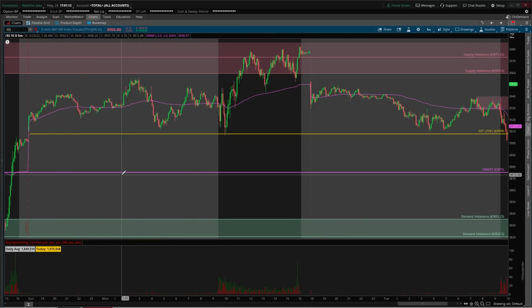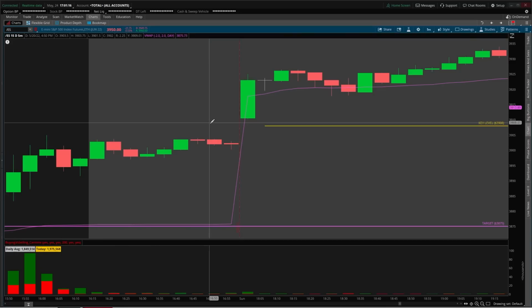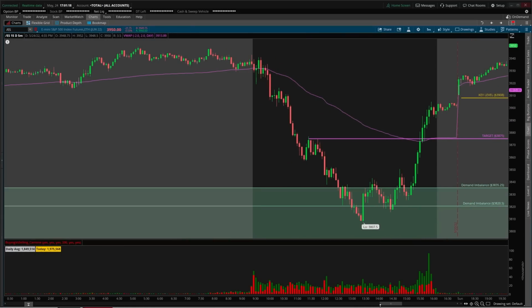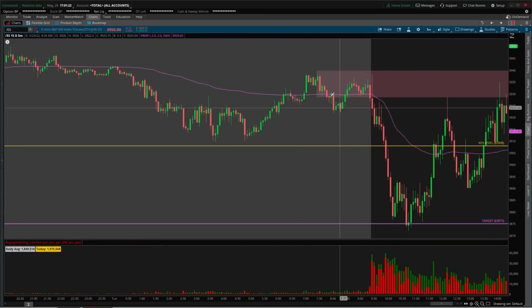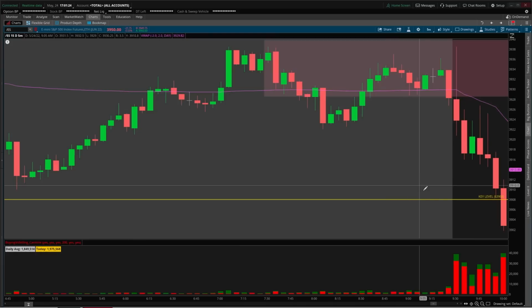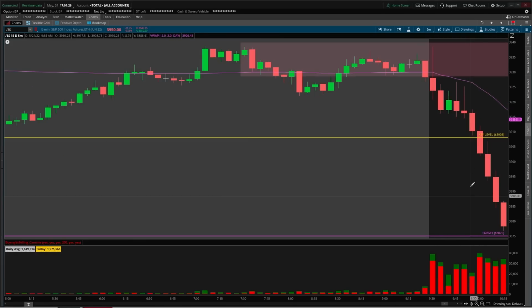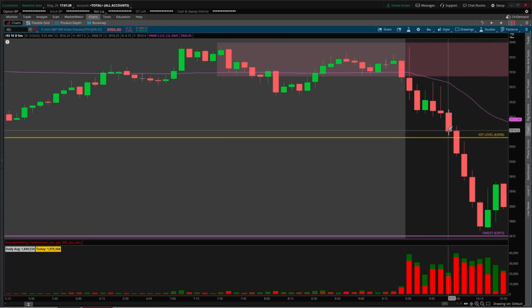However, it was an area that the market found buyers the day prior. It also was a gap from the weekend. Found buyers at it yesterday, found buyers at it overnight, and what we were watching for was the market to either hold above 3908 to play long or sell off and break 3908 to play short.